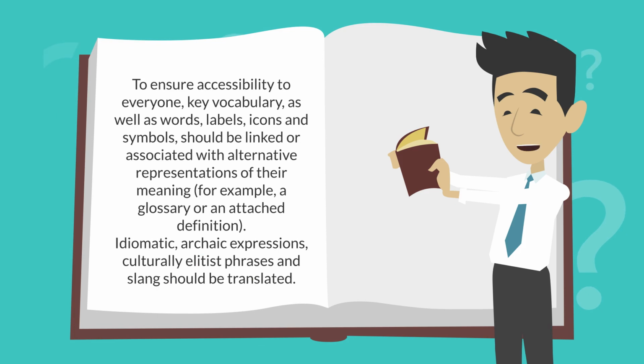To ensure accessibility to everyone, key vocabulary, as well as words, labels, icons, and symbols, should be linked or associated with alternative representations of their meaning, for example, a glossary or an attached definition. Idiomatic, archaic expressions, culturally elitist phrases, and slang should be translated.